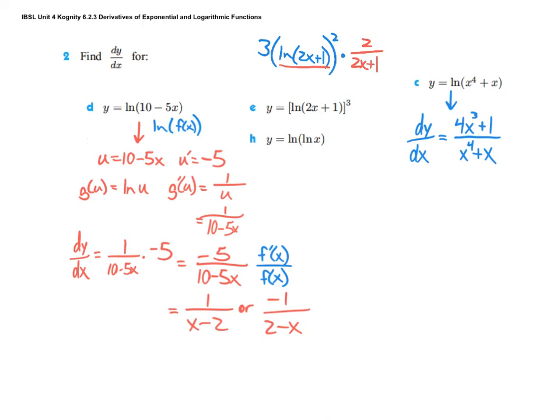Okay? The derivative of ln of a function is the derivative of the function, 2, over the original function, 2x plus 1. So this whole thing is the derivative of e, that's our dy dx. Okay?